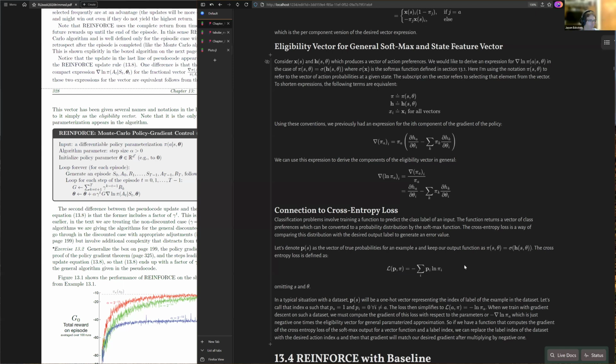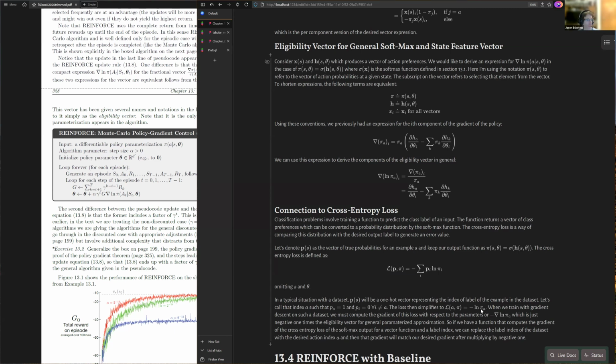So you can actually just write this as a function of the class label and the output distribution. So all the terms in the sum disappear except one, and that is for the index A, where A is the class label. So our loss function is just negative log of pi A.